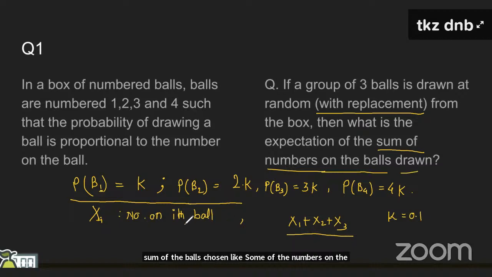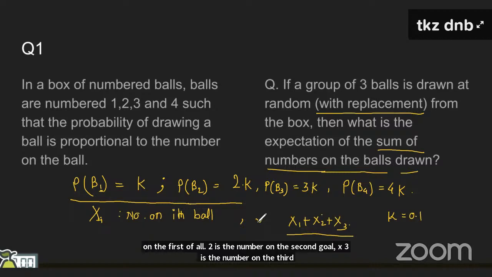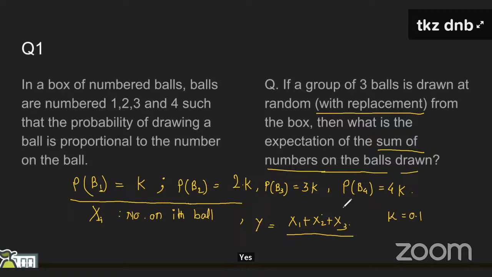Because x1 is the number on the first ball, x2 is the number on the second ball, x3 is the number on the third ball. So let's denote this as a capital Y. This is my sum of numbers on the balls. I want to calculate the expectation of this Y.